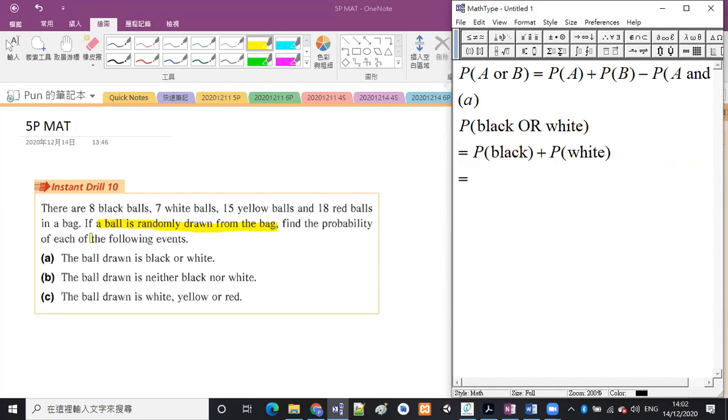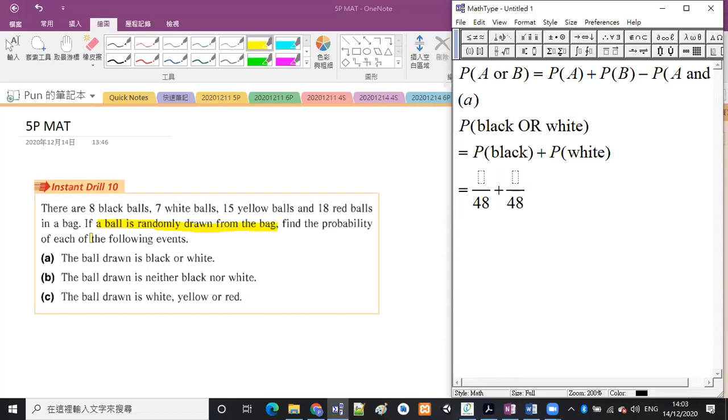It is the sum of 2 fractions, and each fraction has the same denominator, which is the number of options when we are drawing a ball from the bag. How many balls are there? It should be 48. So both of them will have 48 as the denominator.